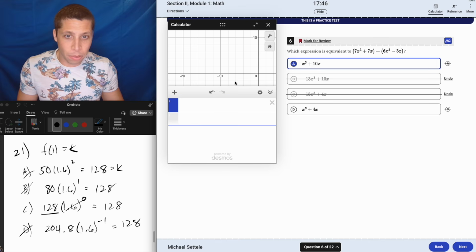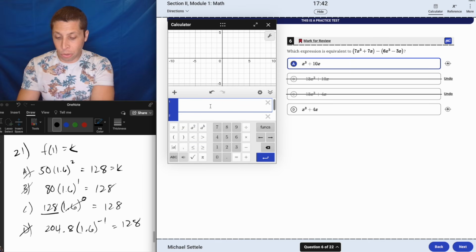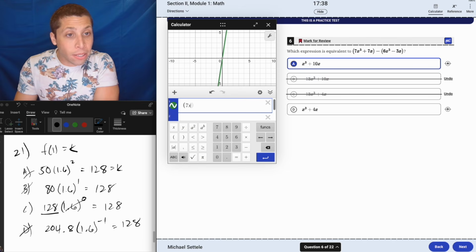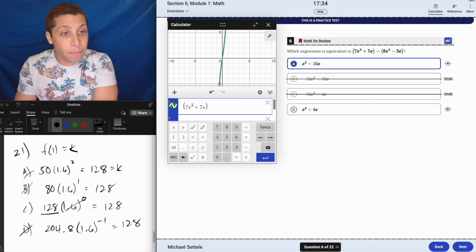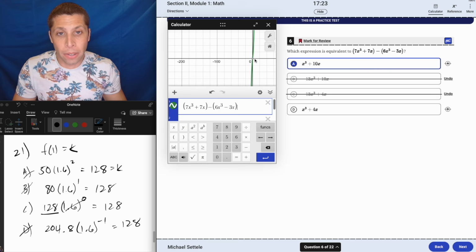Let's do some of these things with Desmos just to be really sure it didn't mess up. If these are equivalent, they should produce the same shape. So 7x to the third plus 7x minus 6x to the third minus 3x. So that's some sort of shape here.